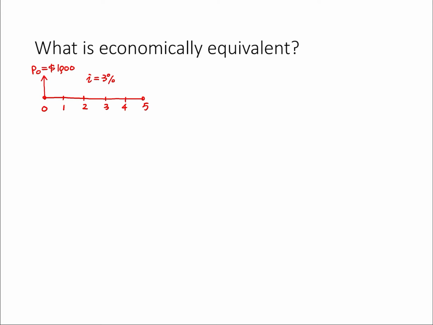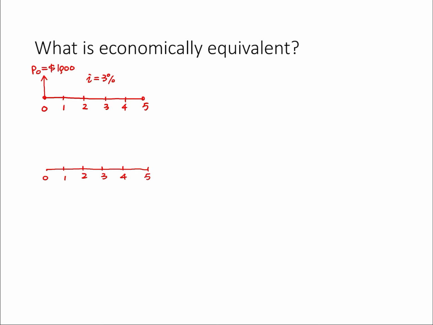Equivalent value of this present value of 1,000. What is the equivalent value? So if we ask you what is the future equivalent of this 1,000 after 5 years, it means you're still looking at this same timeline from year 1, 2, 3 to 5.